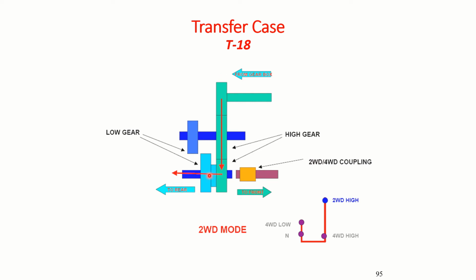Then if I engage this, I'll be getting this motion, correct. Then now only the rear axle will become live. That's why it is a two-wheel drive. It is disconnected from the front axle, correct. So now next, here I bring this coupling.